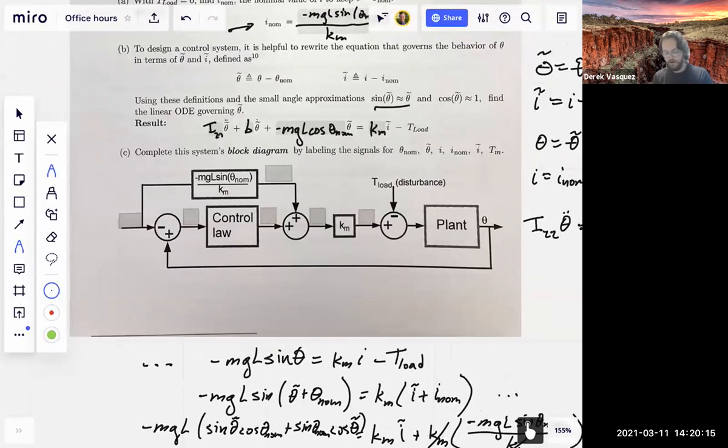So now just the last part, we're going to complete the block diagram by labeling the signals for all of our terms. So I guess, how do we feel about block diagrams at this point? Do we know what the boxes and the signals mean?